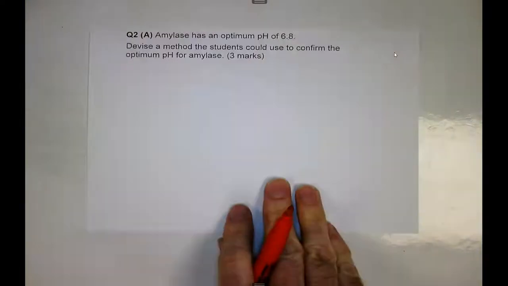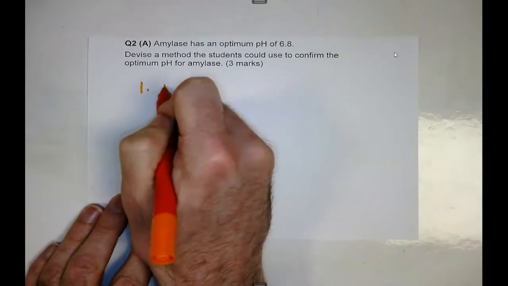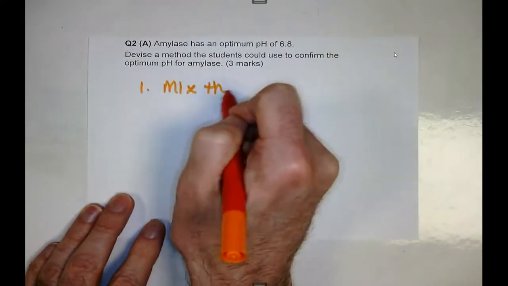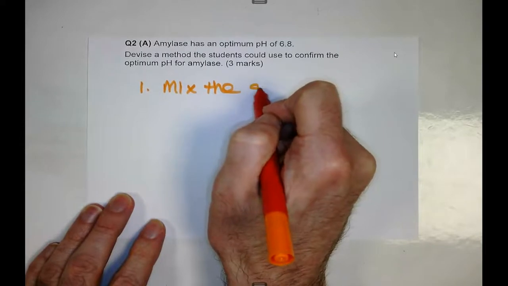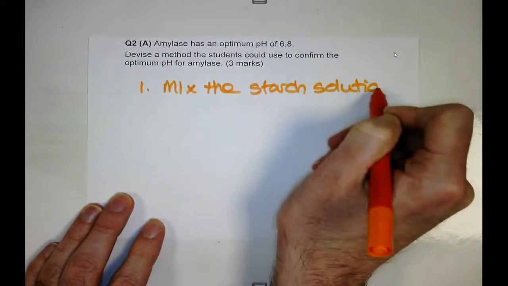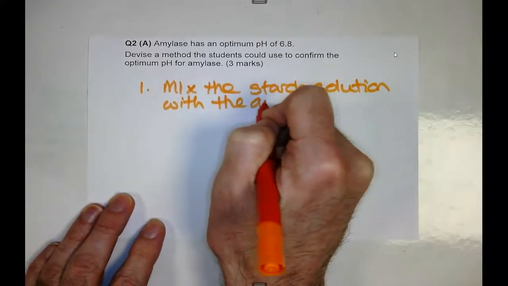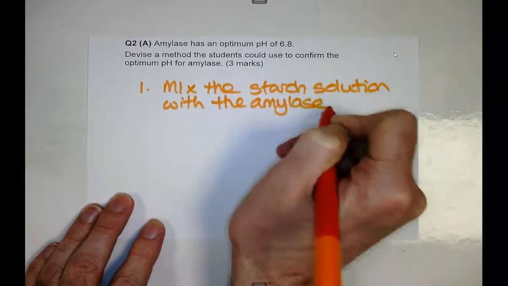Here's a similar one they've got here. This one, instead of temperature, it's about pH. So again, number one, you'd mix the starch solution, because amylase breaks down starch. Mix the starch solution with the amylase, just like before.